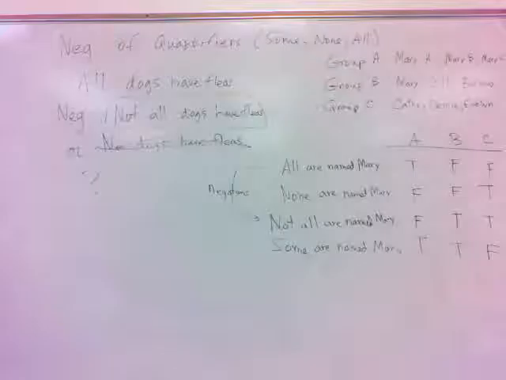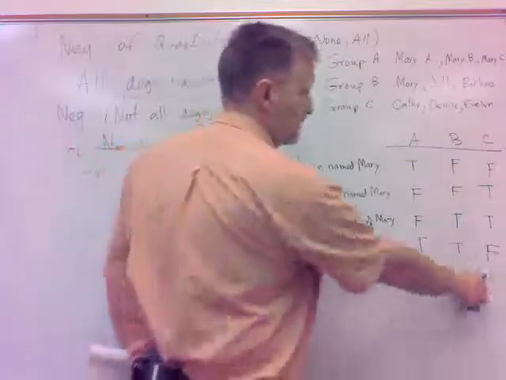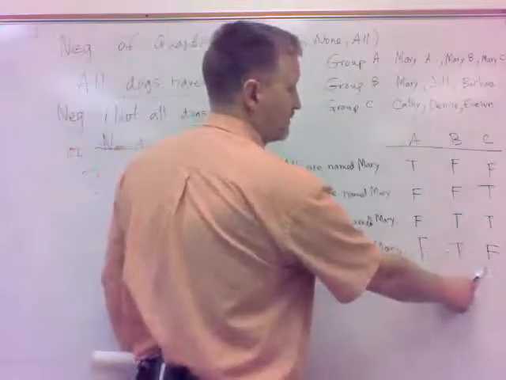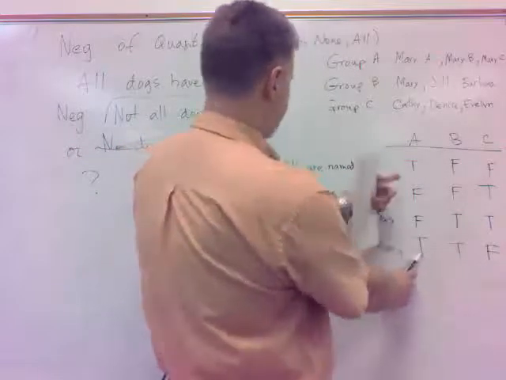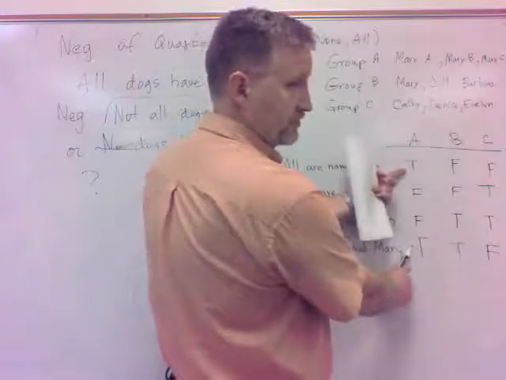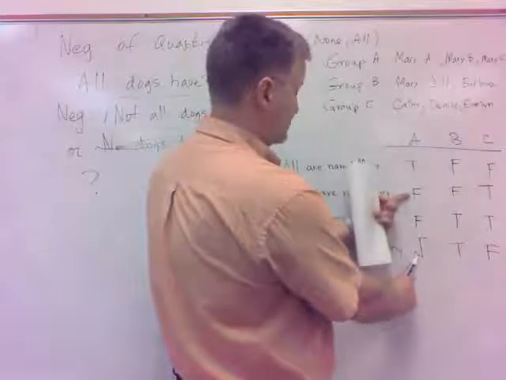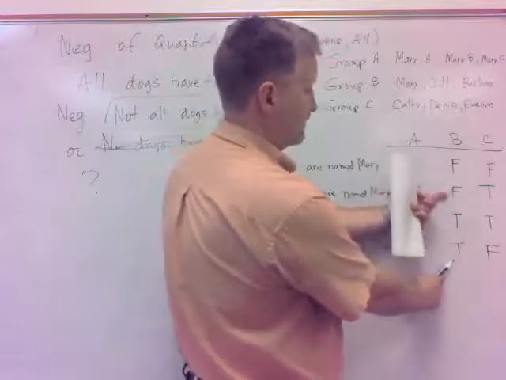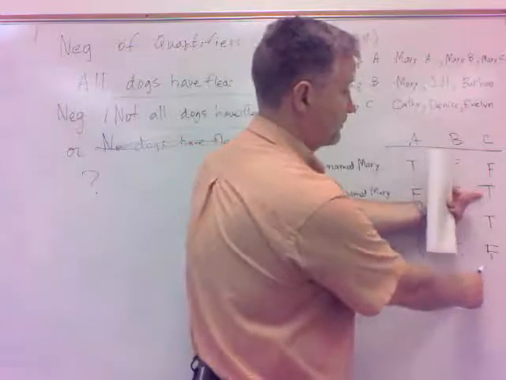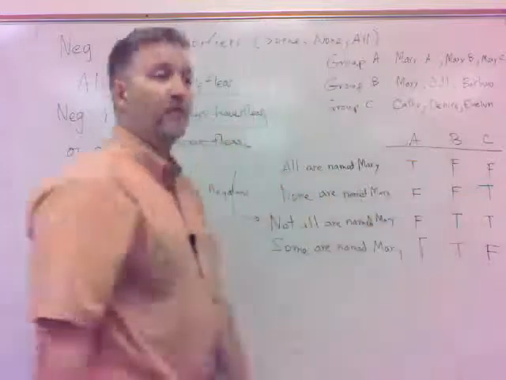Okay. Do you notice anything about that? Does that negate anything up there? Is that opposite of anything up there? Well, it's not opposite of this one because you've got true and true. However, look at this. None is false, some is true. None is false, some is true. None is true, some is false. What does that tell you?